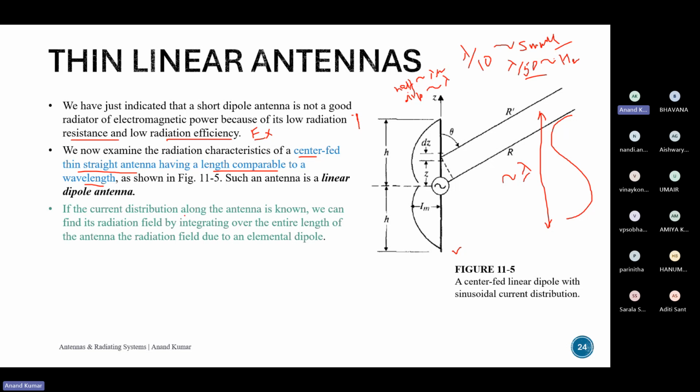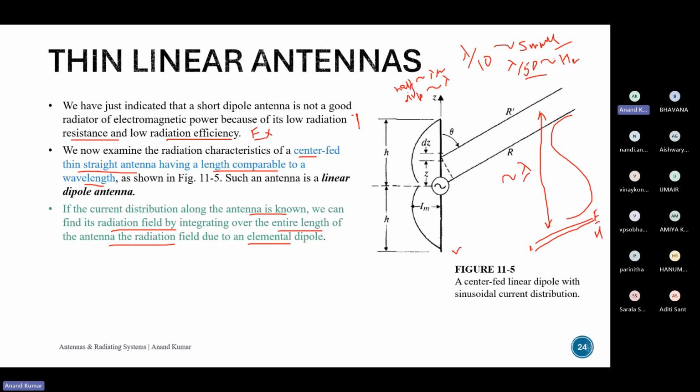If the current distribution along the antenna is known, we can find its radiation field by integrating, over the entire length of the antenna, the radiation field due to an elemental dipole. What the sentence means is that in the previous class, we took a very small antenna, and using the derivations we got the electric and magnetic fields at a distance.